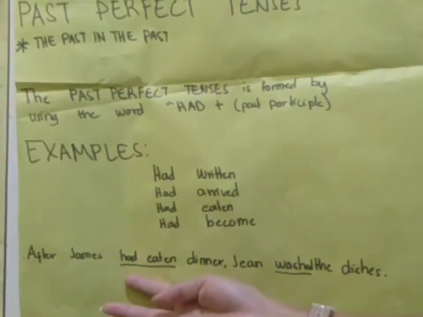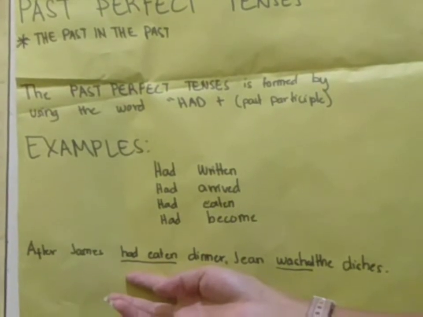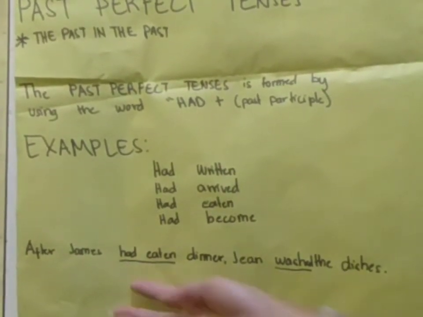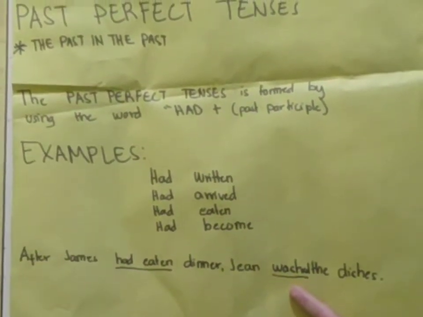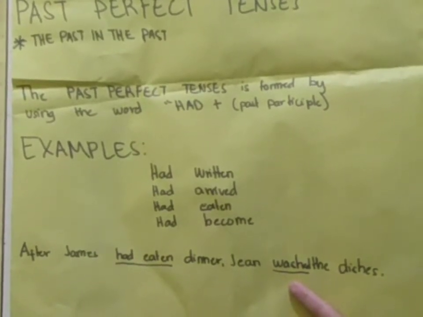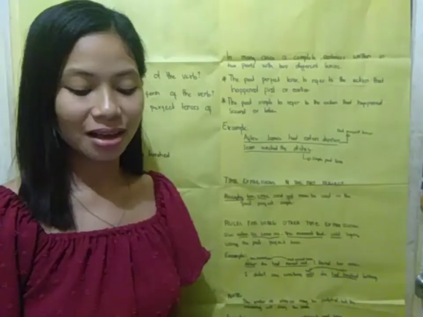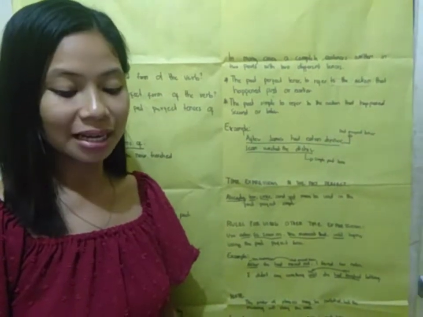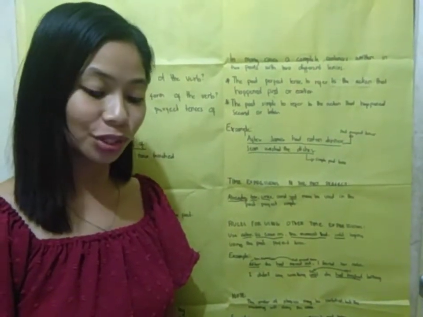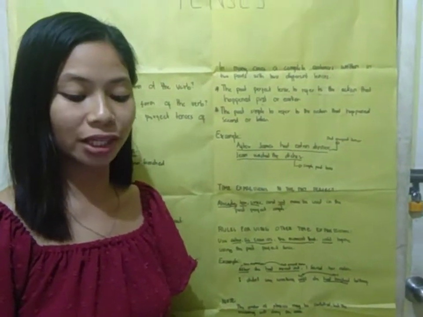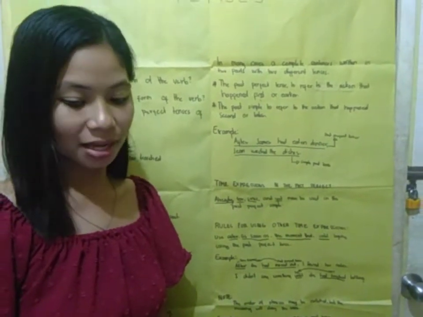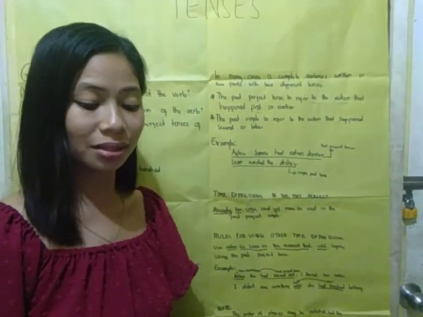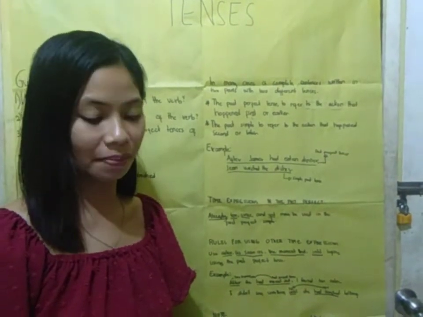Had eaten here is in the past perfect tense, and washed is in the simple past tense. Always remember that the past perfect tense is used to show that something happened before another action in the past. It can also be used to show that something happened before a specific time in the past.